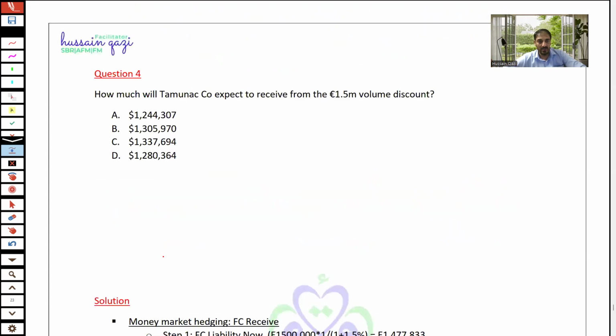Okay, question number 4. Very straight. How much will Temunic company expect to receive from the 1.5 million volume discount? Whenever you read question number 4 independently, you are not able to get what they are saying.